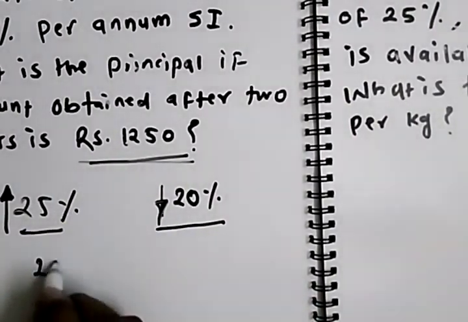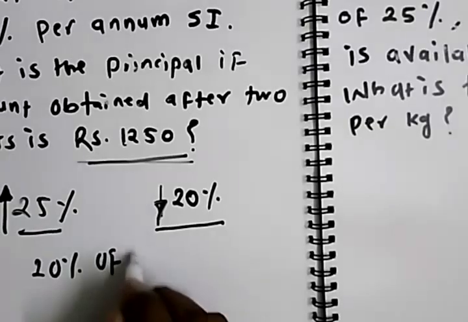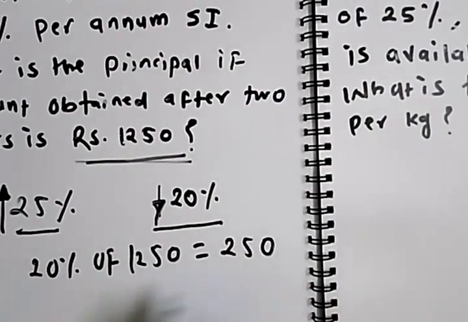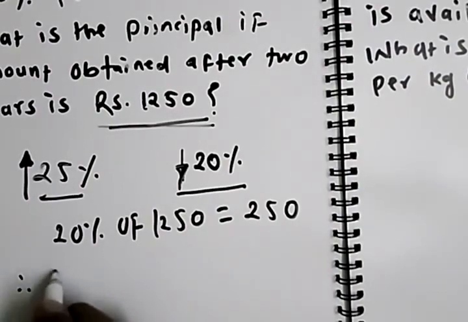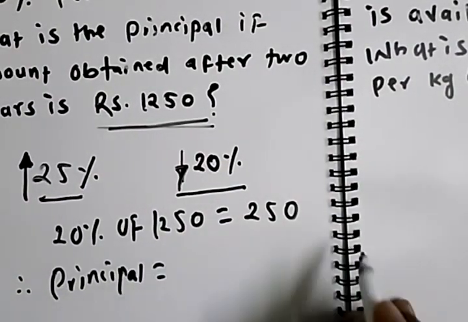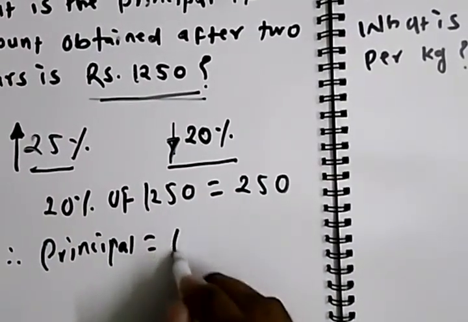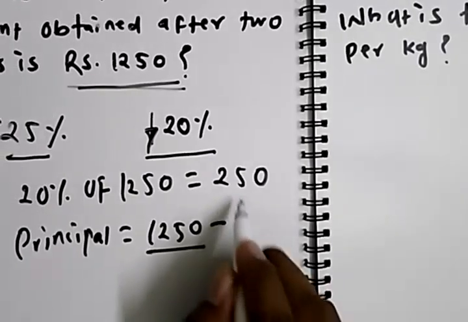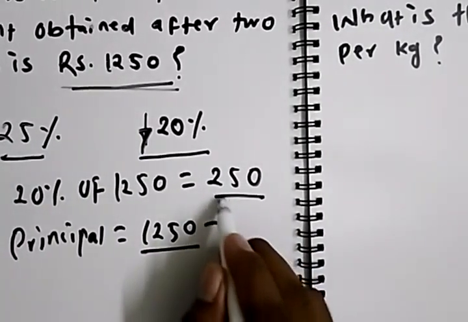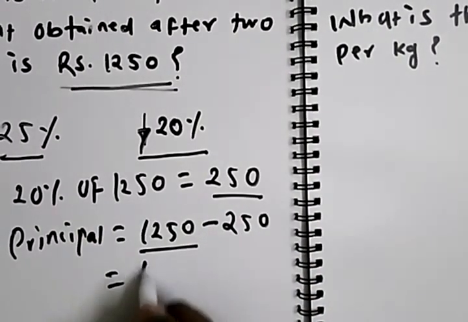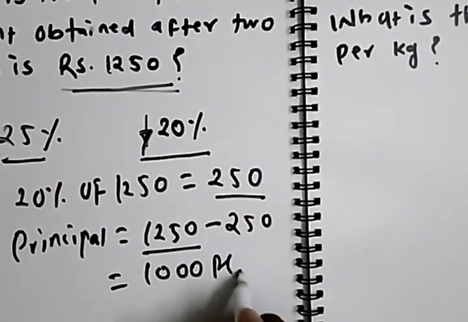So 20% of 1250 is equal to 250, right? So therefore principal must be the amount obtained minus the interest, that is 1000 rupees.